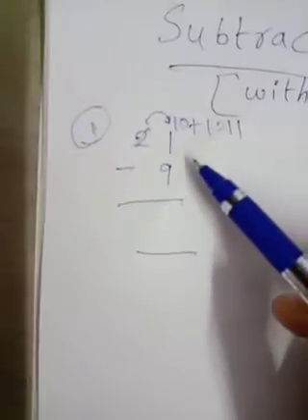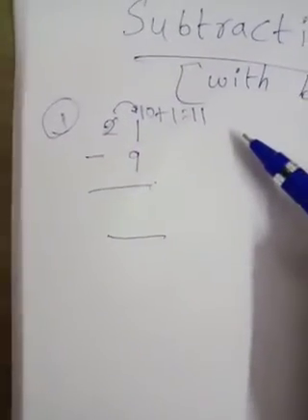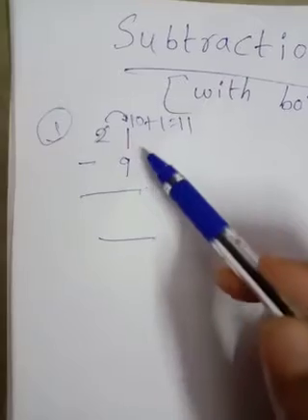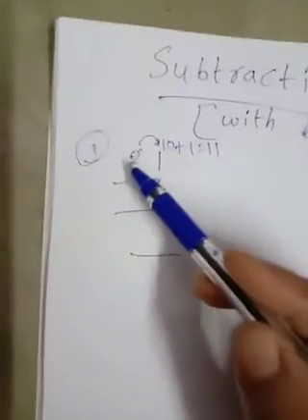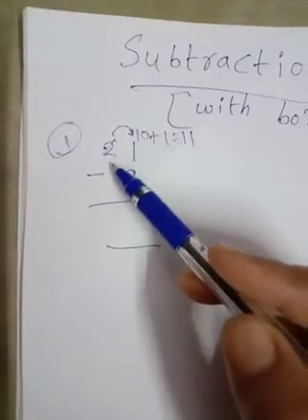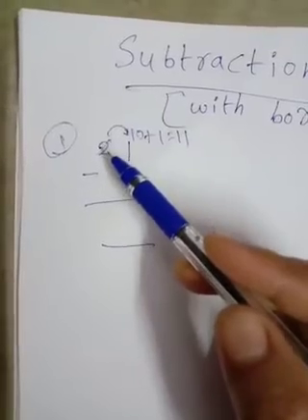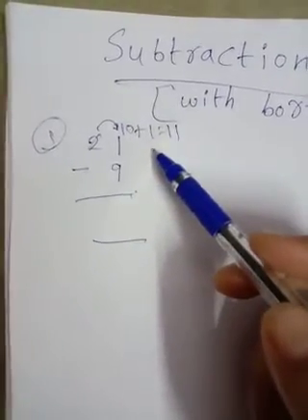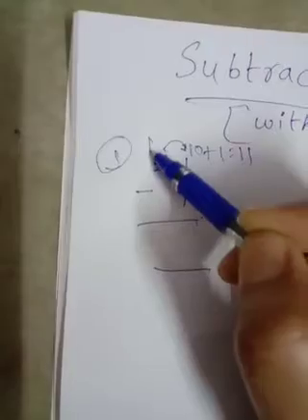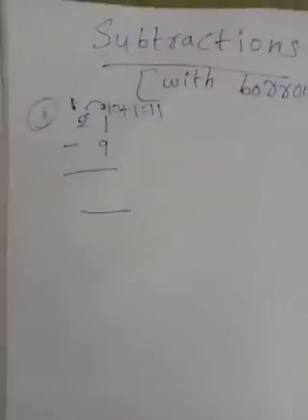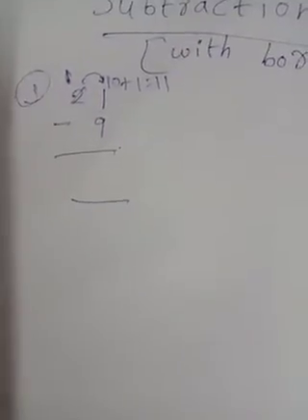So 1 becomes 11, because we took borrowing. Here 2 gave one number, so only 1 ten remains.